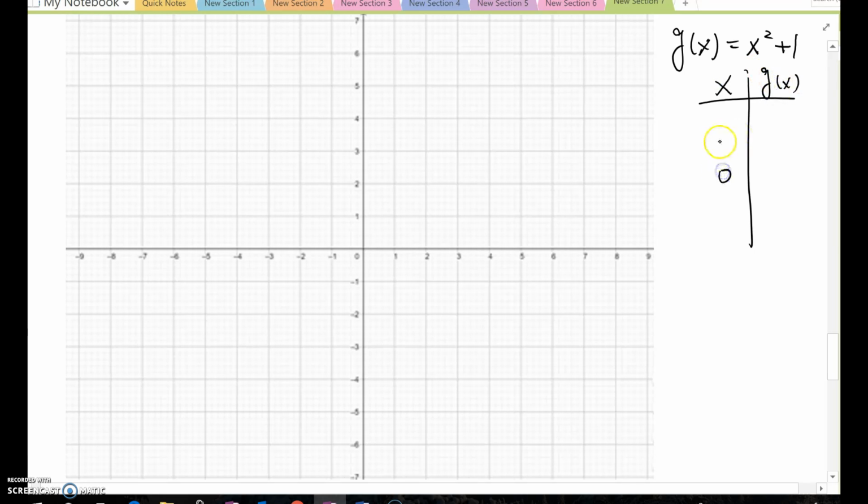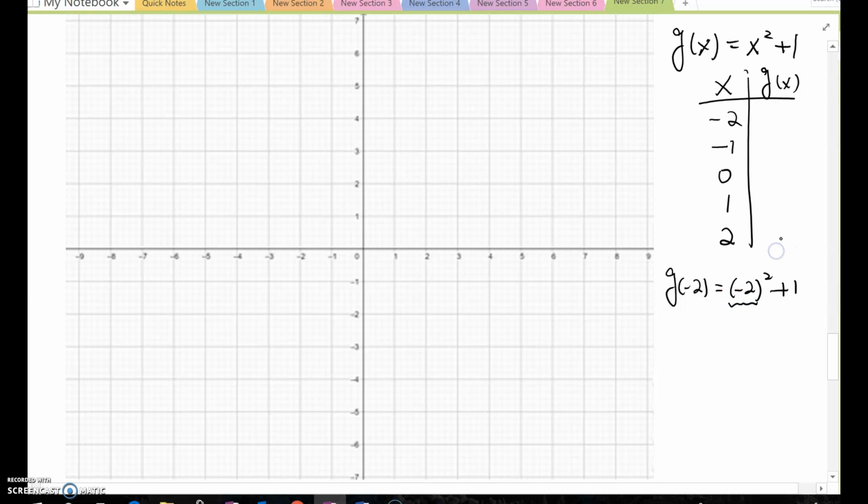So maybe 0, -1, -2, 1, and 2 here. Now, g(-2) means we are plugging -2 into the x value, so it becomes (-2) squared plus 1.